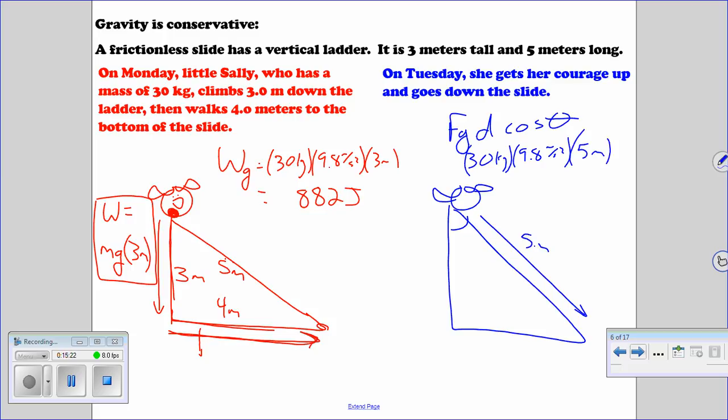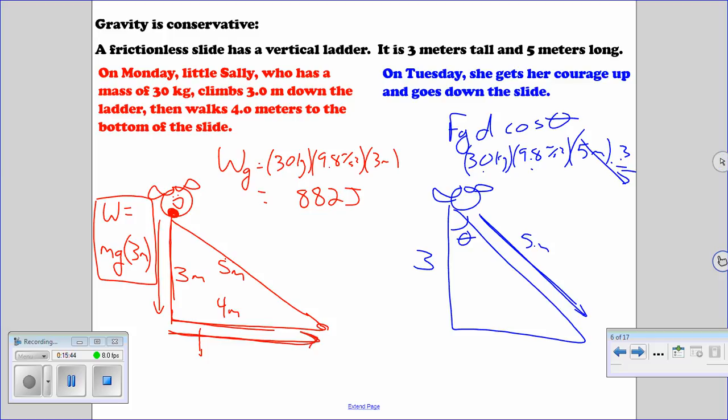And then the cosine of theta, well, if this is theta, then cosine of theta is adjacent over hypotenuse, so times 3 over 5. Notice the 5's cancel, and you still get 30 times 9.8 times 3. So, long story short, the work done by gravity is the same on both of these paths.